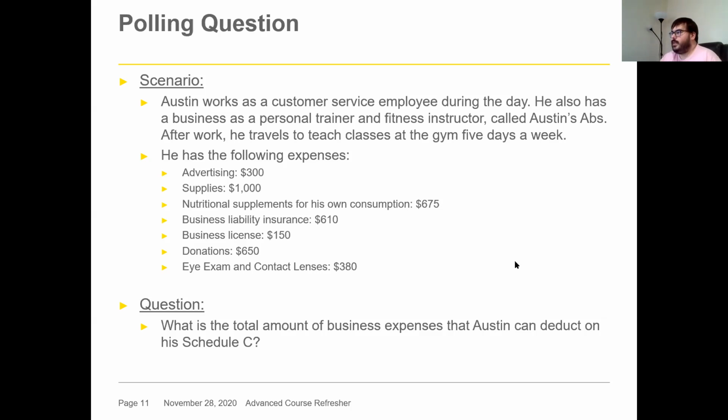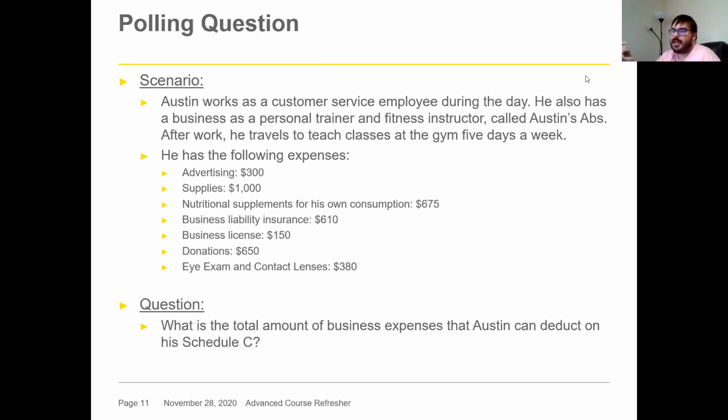Polling. All right, so the correct answer was the first one, and I'll go through it and explain. But pretty much everybody got it right.